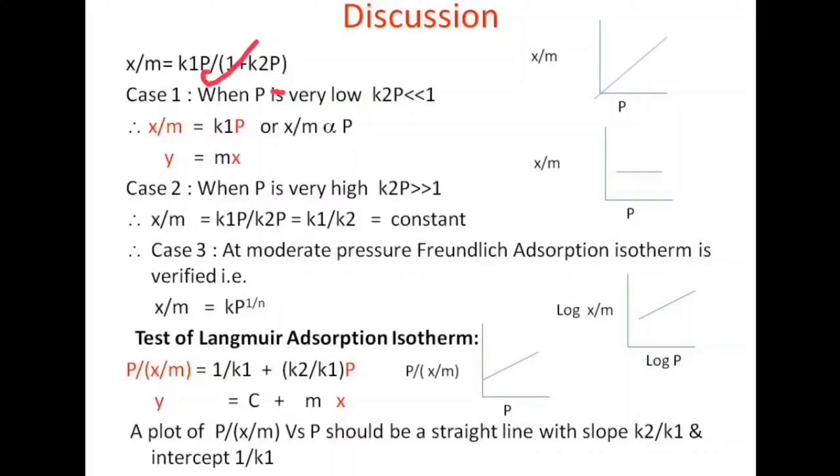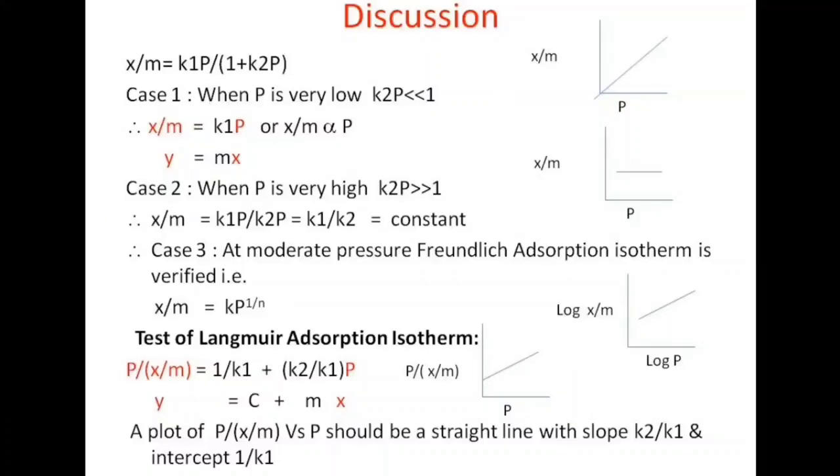Therefore the equation becomes x by m equal to K1P, which is similar to the straight line equation y equals mx. So the value of the intercept is 0, and that's why we get a straight line passing through the origin. That means if pressure is very low and we plot a graph between x by m versus P, we get a straight line passing through the origin.